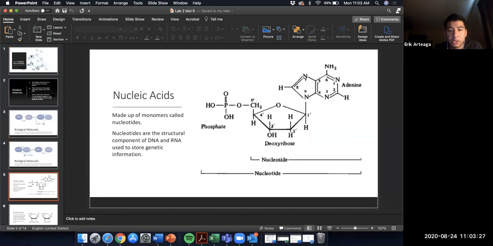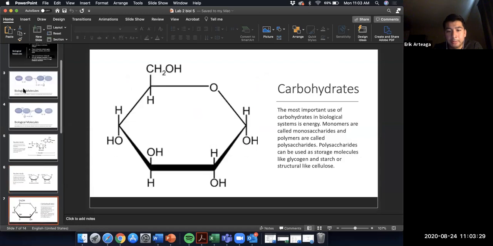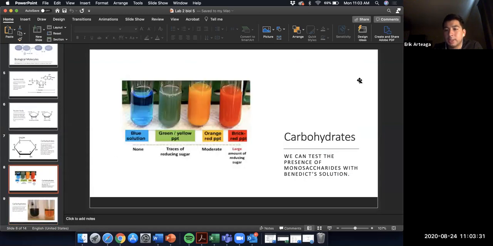Most of this information I just covered. But here's where it gets more lab oriented, right? We can test for carbohydrates using Benedict solution. One of the tests that you'll be doing virtually is using Benedict solution. Blue solution means there's no sugar. Green or yellow, traces of sugar.